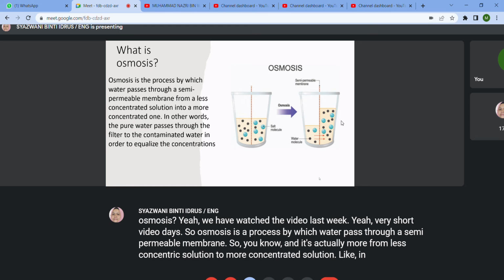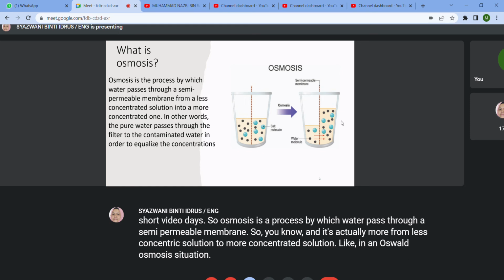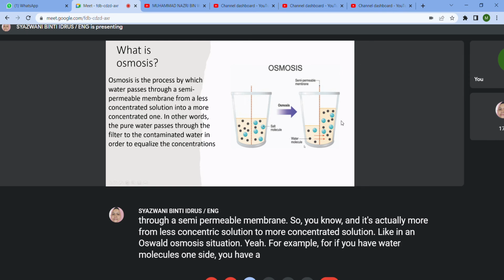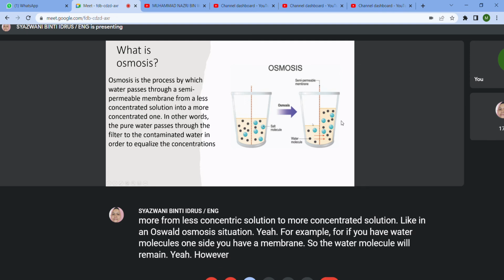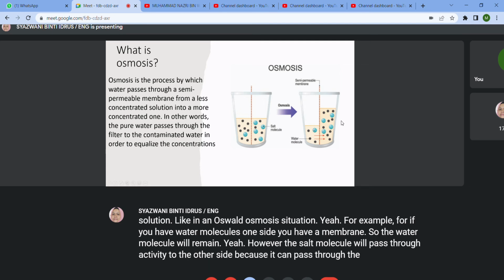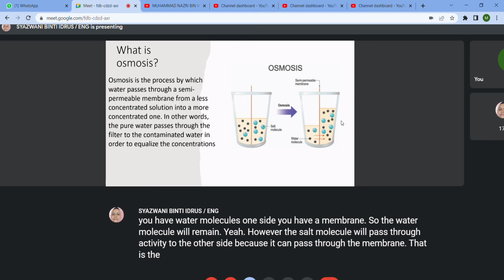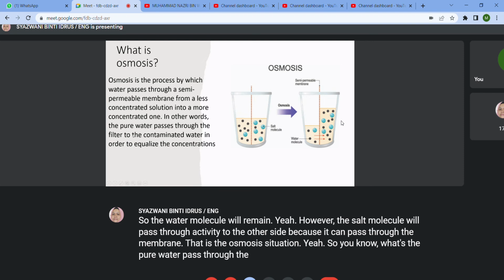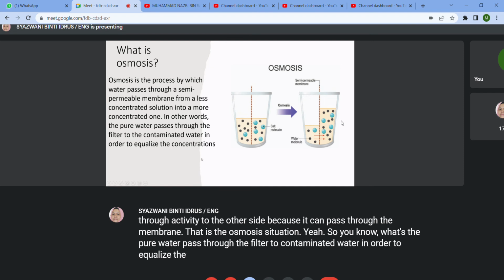For example, if you have water molecules on one side and a membrane, the water molecules will remain; however, the salt molecules will pass through to the other side, because they can pass through the membrane. That is the osmosis situation. In other words, the pure water passes through the filter to the contaminated water in order to equalize the concentration.